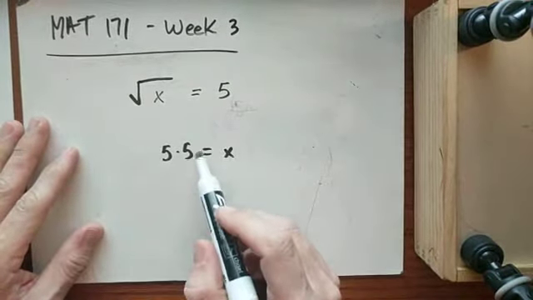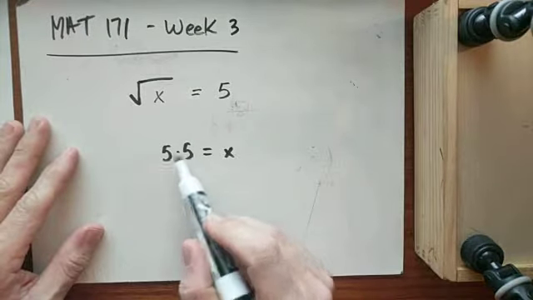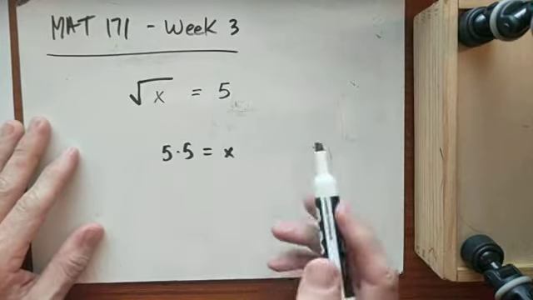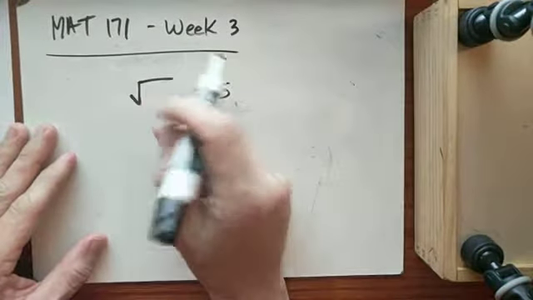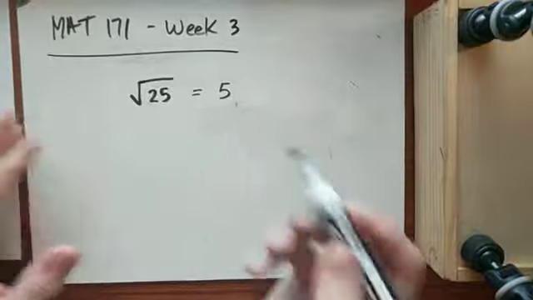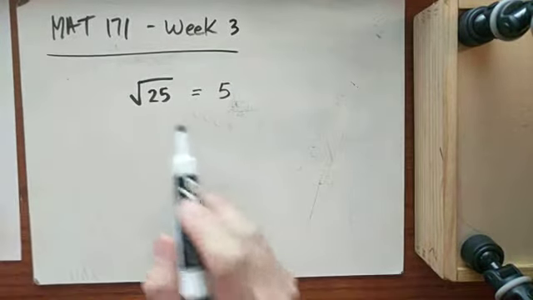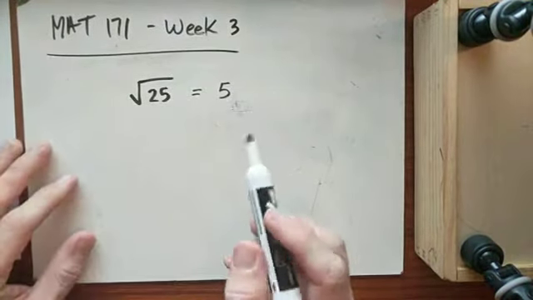So the square root is the thing that when you multiply by itself, you get the number under the square root. So 5 times 5 is 25, so this should be 25, okay? Obviously, the square root of 25 is 5, okay?